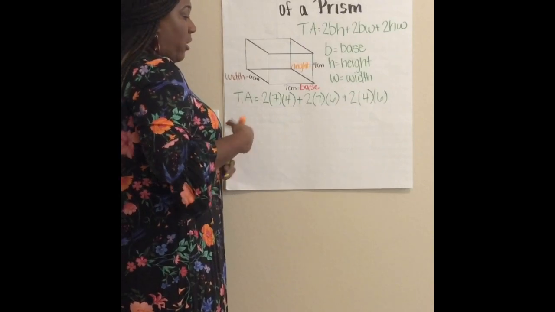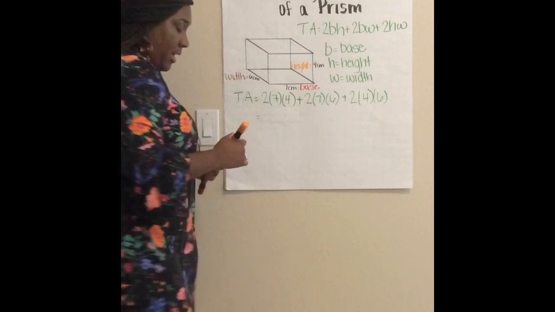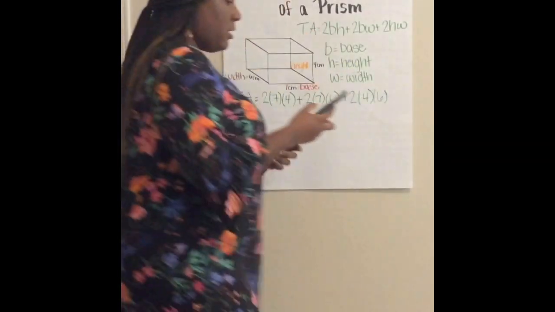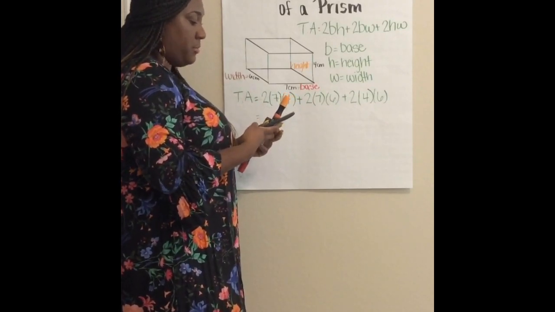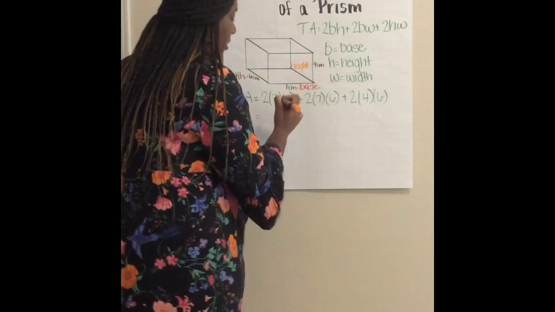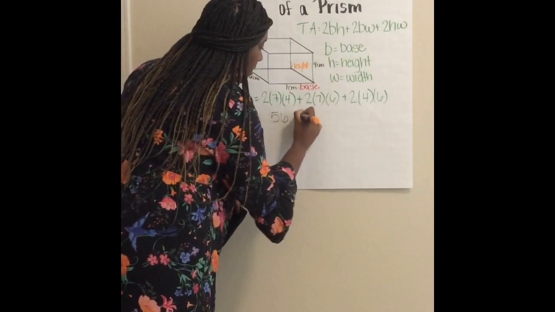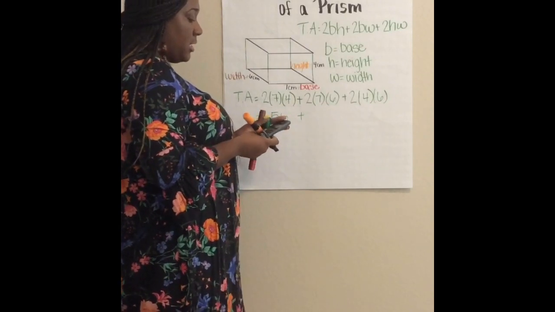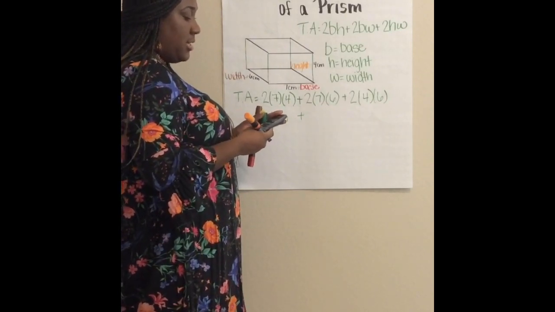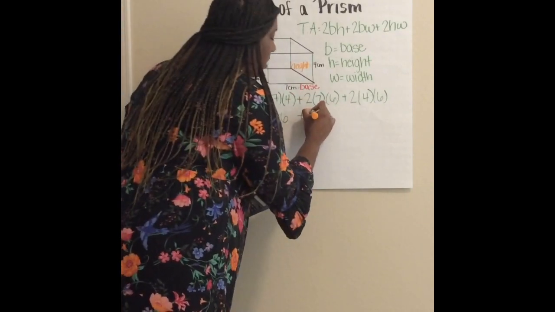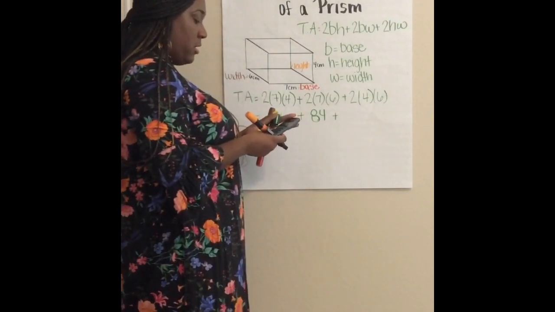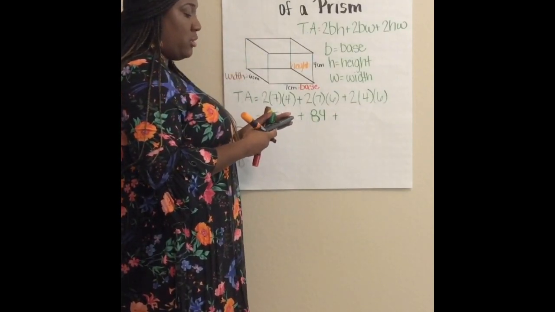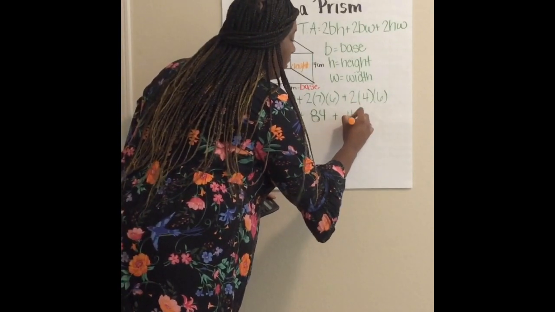No, do not multiply it out all at the same time. So take your calculator. And we're going to do 7 times 4 times 2, which gives us what? 56 plus 7 times 6 times 2, which gives us 84, plus 4 times 6 times 2, which gives us what? 48.